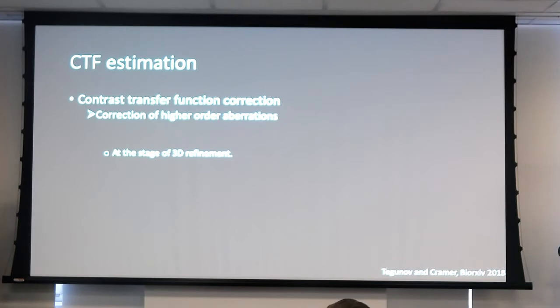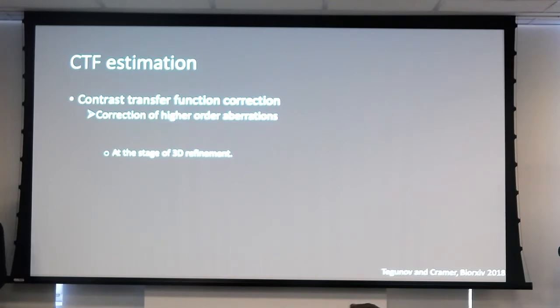And that's something that RELION has been implementing lately, basically a per-particle CTF estimation that happens during the refinement of the alignment of your particles. The idea is that each particle will be aligned to the reference more accurately if the CTF is accurate.